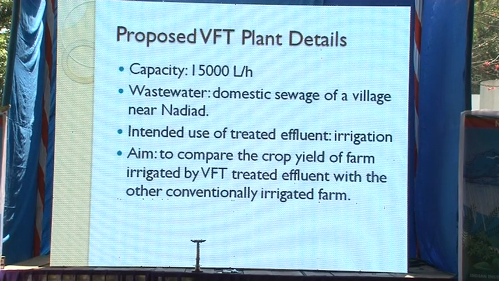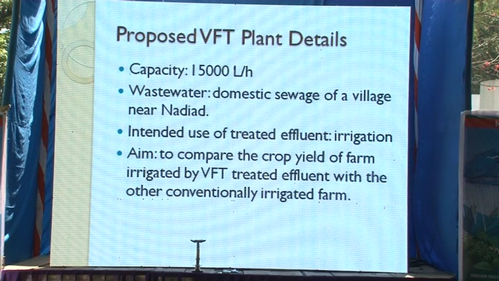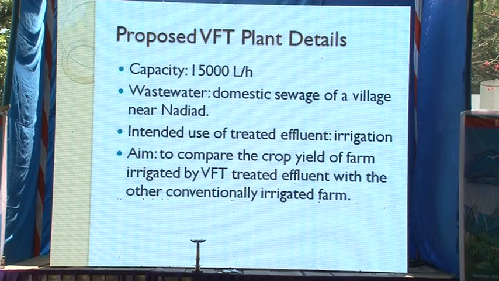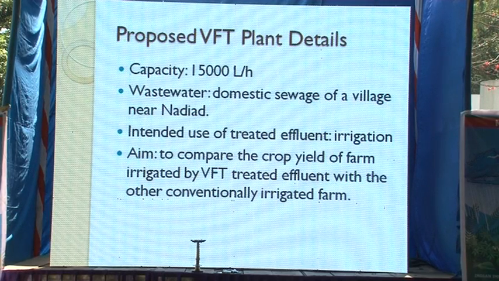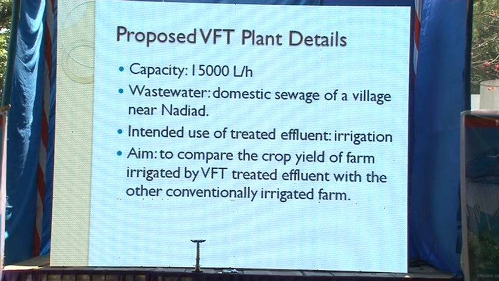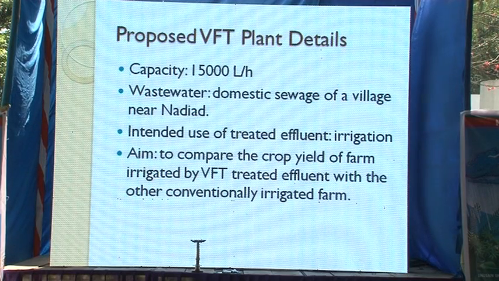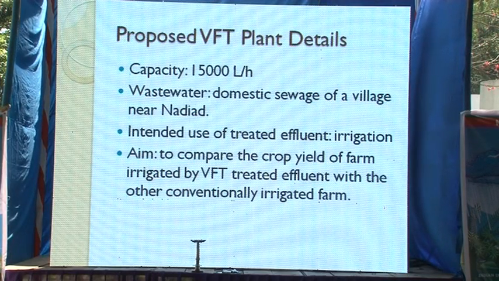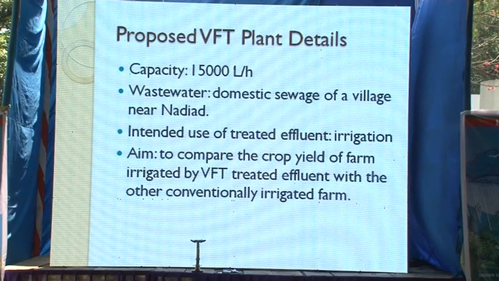There is one more project coming up which we are taking up. It is near Nariyad, in a village where we are going to treat about 15,000 liters per hour of domestic sewage generated in that village itself, and we'll use this sewage treated by vermifiltration in a separate plot for irrigation only.